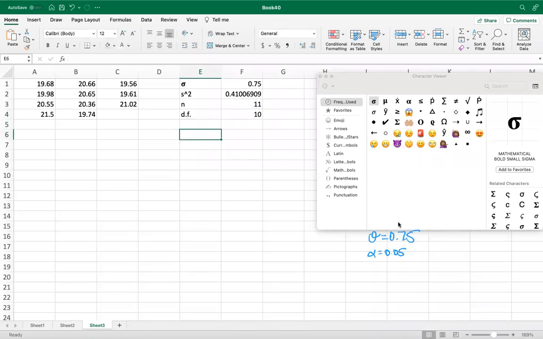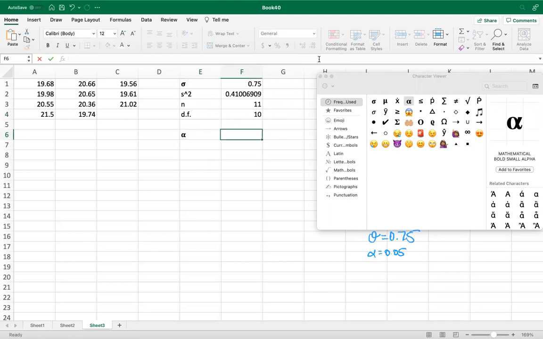Alpha is 0.05 level of significance. All right, and from here, let's just see what we're going to need.